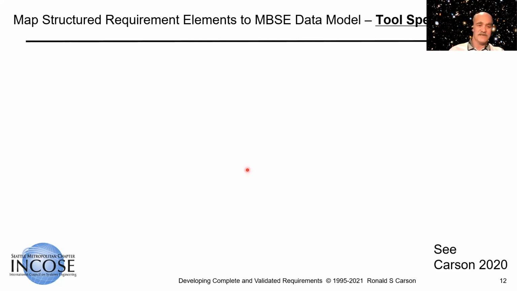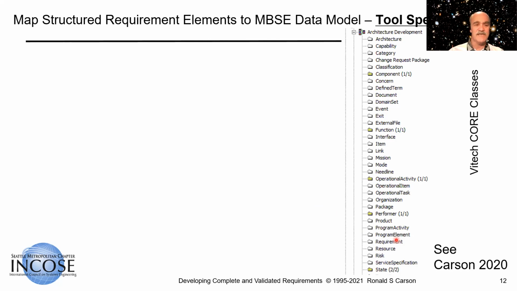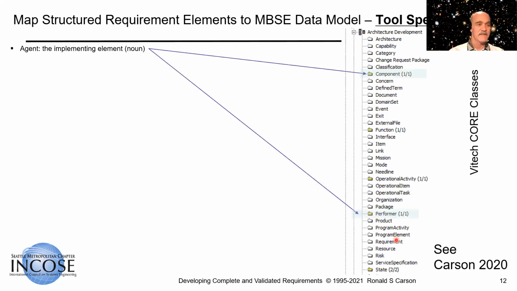And I go into this in more detail in the WSRC paper that I gave last fall. But these are based on the available classes, data types that are in the core tool from Vitech. So these are some of the ones we use in my graduate class when I have my students write their requirements and do their architecting and modeling.